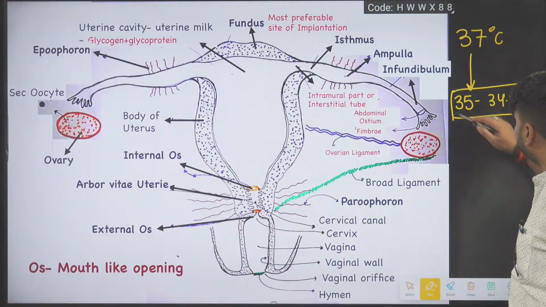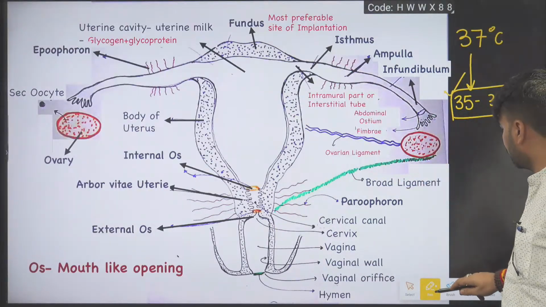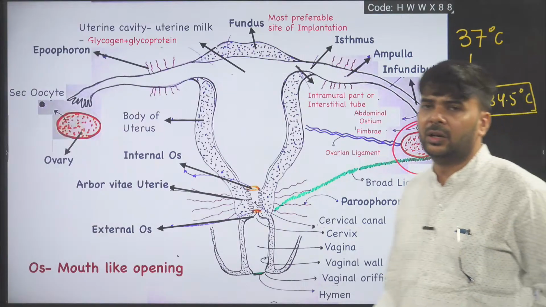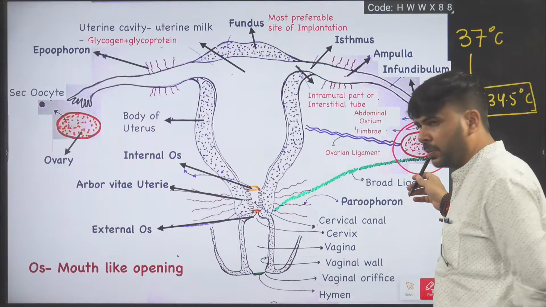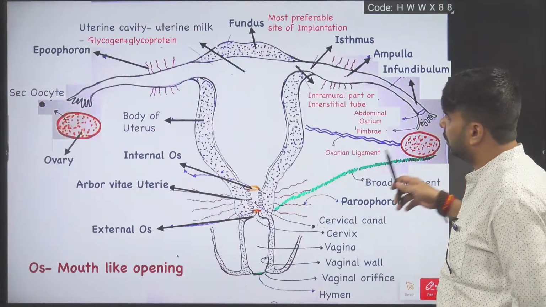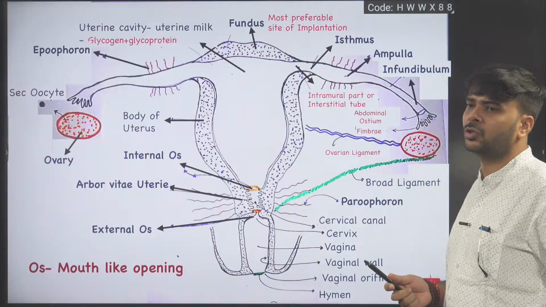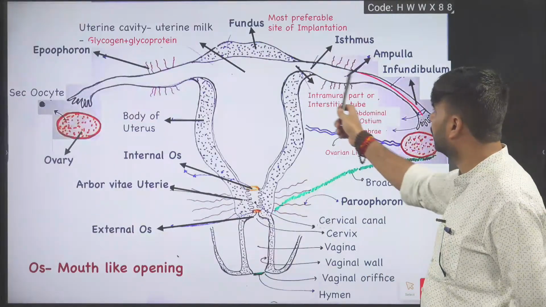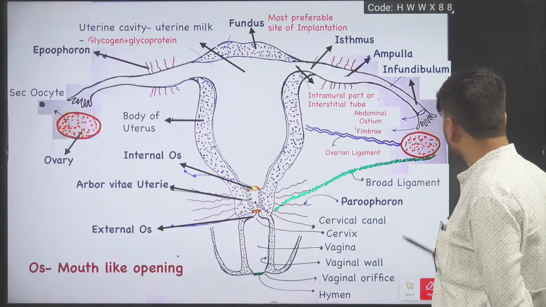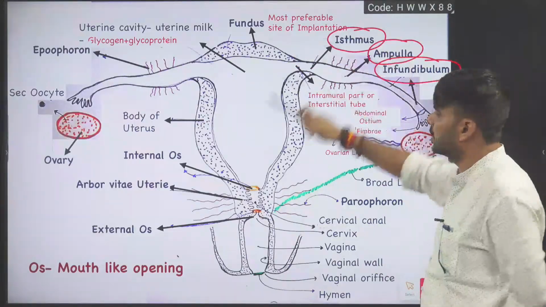Now this low temperature concept is clear for spermatogenesis, but there is no concept of low temperature for oogenesis. Now you go to fallopian tube, ovary position done, abdominal cavity. Then ovaries are partially or superficially attached, not completely attached, to fallopian tube. Fallopian tube has three areas: infundibulum, ampulla, and isthmus.